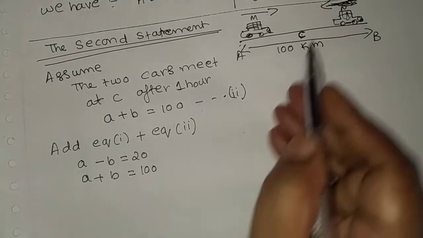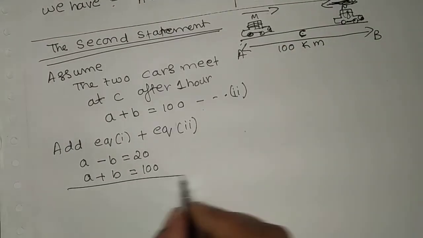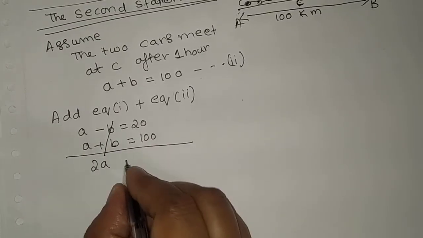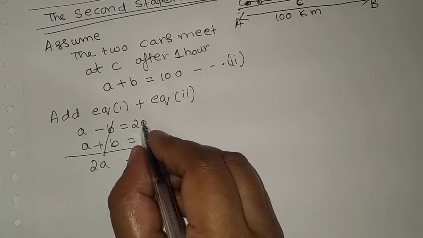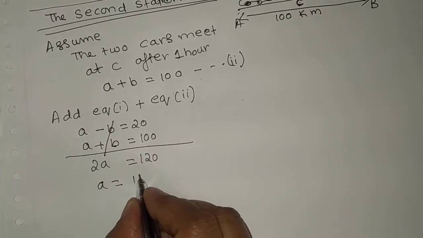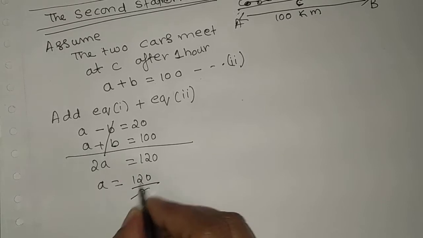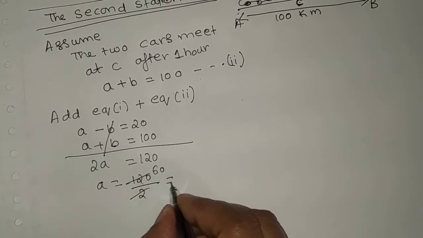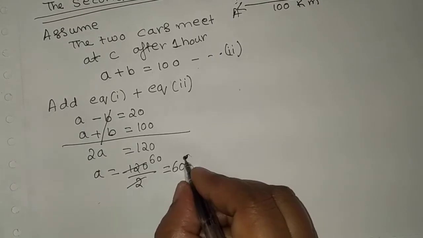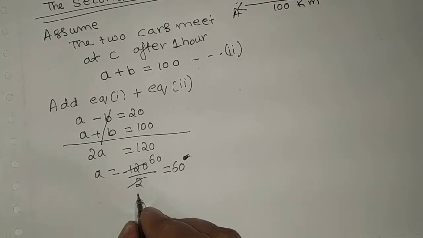So what happens here? B cancels, we get 2A is equal to 120, so A is equal to 120 by 2, which is 60. So A is equal to 60 we got.